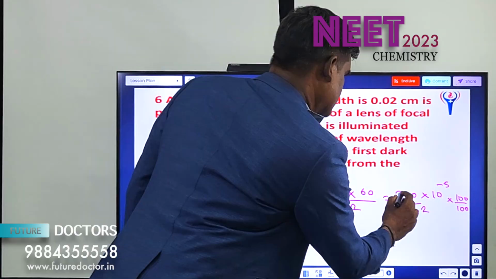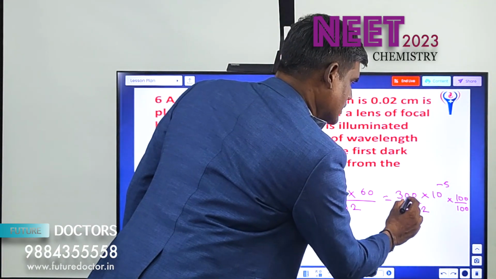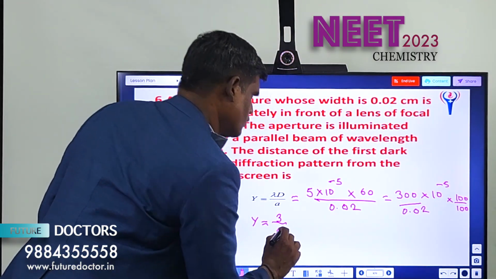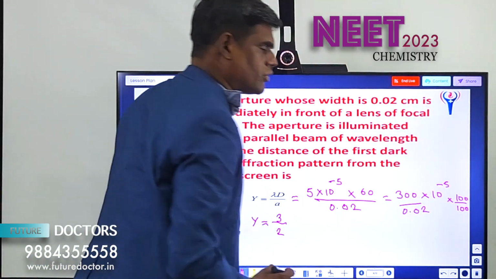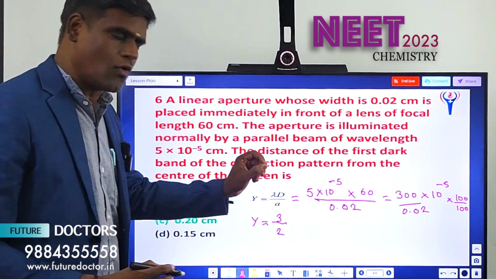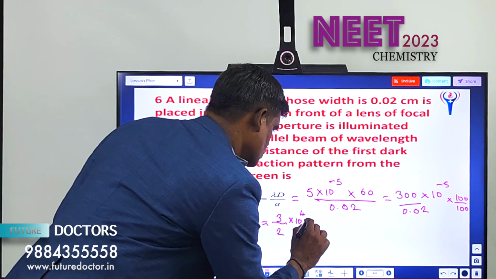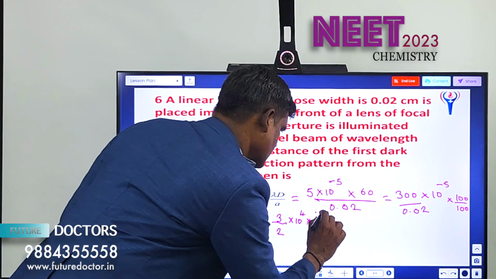Y equal to this 300, this 10 power 2 I am taking as 3, divided by 2. This 10 power 2 and this 10 power 2 make 10 power 4. 10 power 4 into 10 power minus 5.